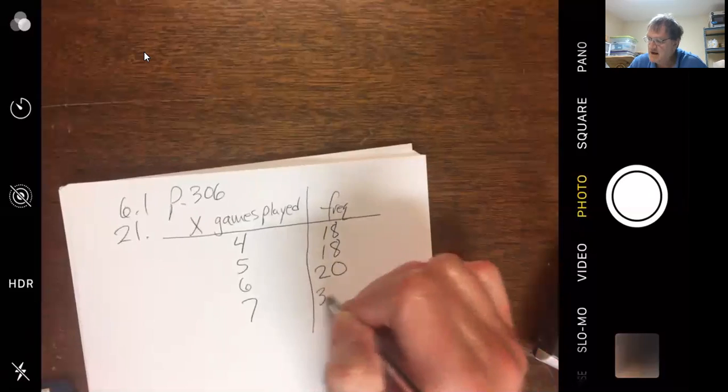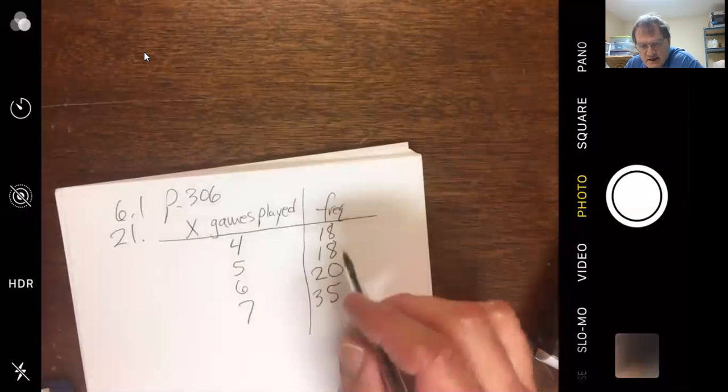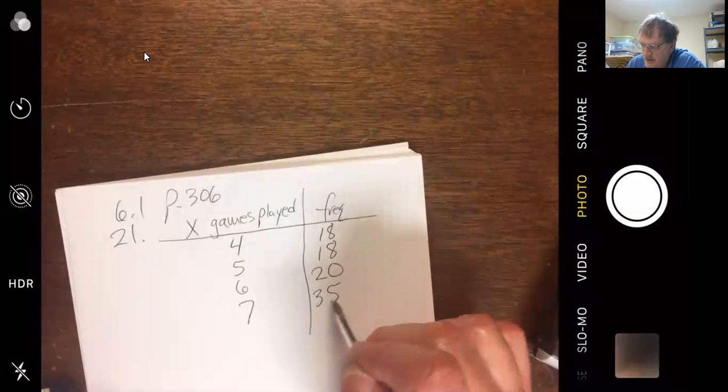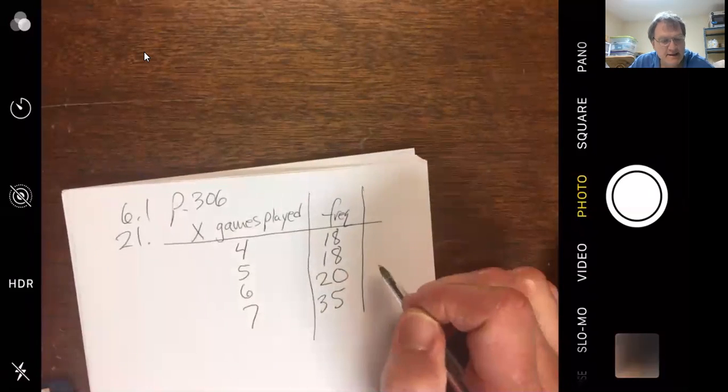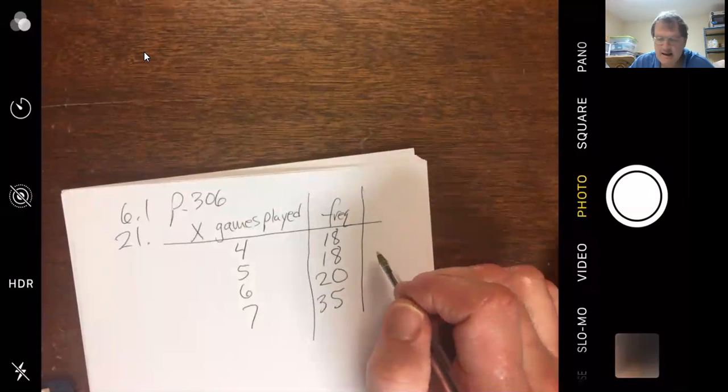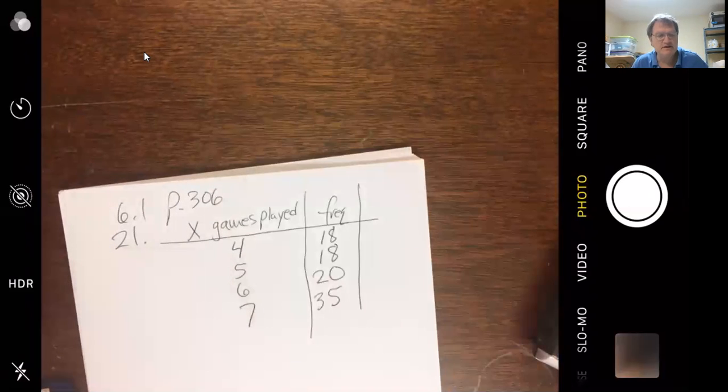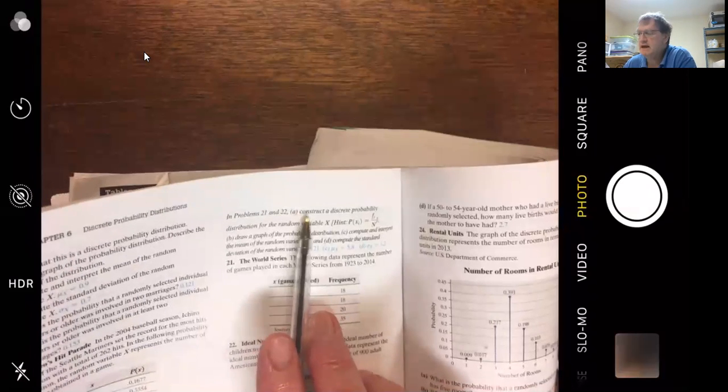In 35, it's gone all 7 games, which means basically somebody won it 4-3, won 4 games and lost 3. So part A is construct a discrete probability distribution.